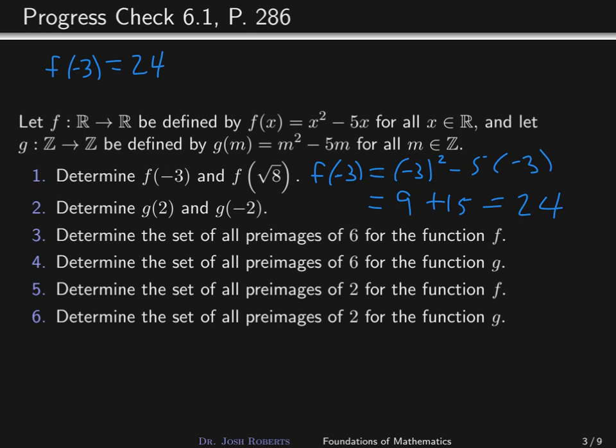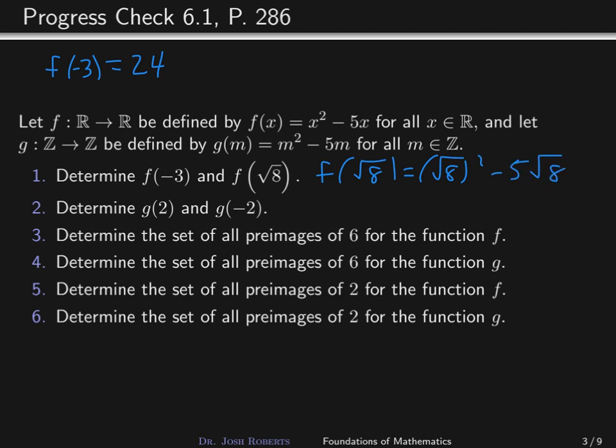Okay. Let's do the other one. I'm going to go ahead and erase all of this. Let's do the other one. f of root 8 is root 8 squared minus 5 root 8.